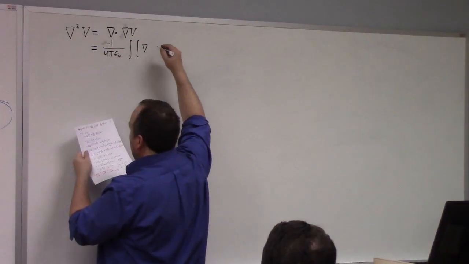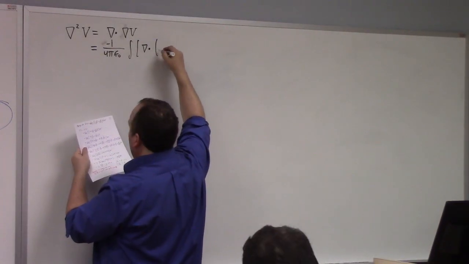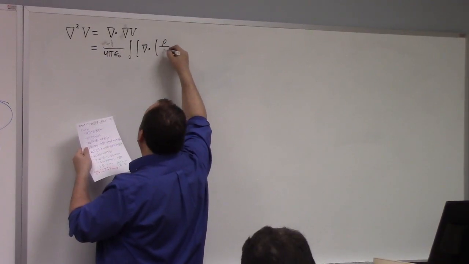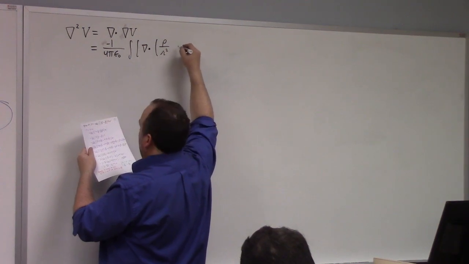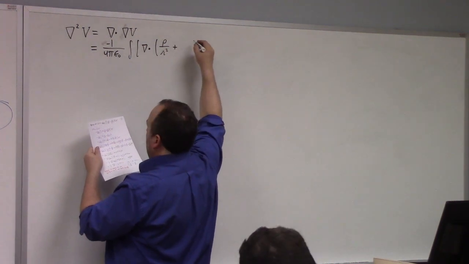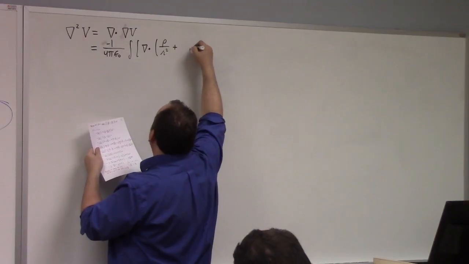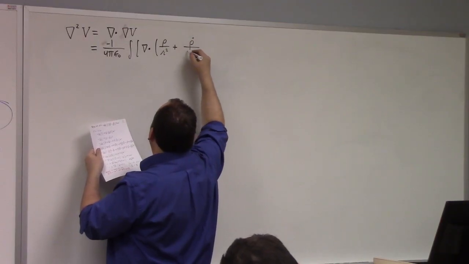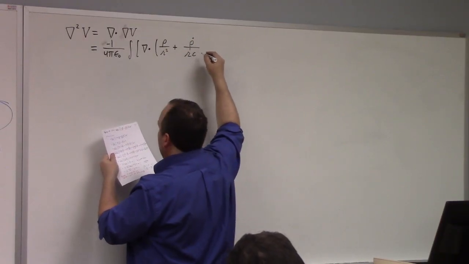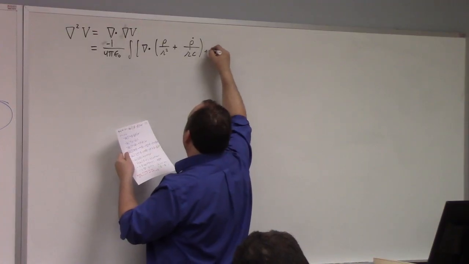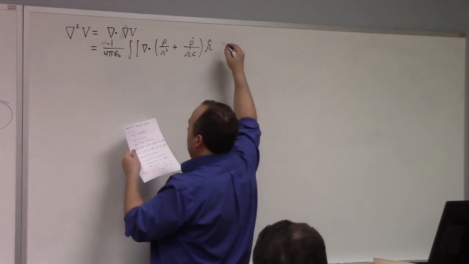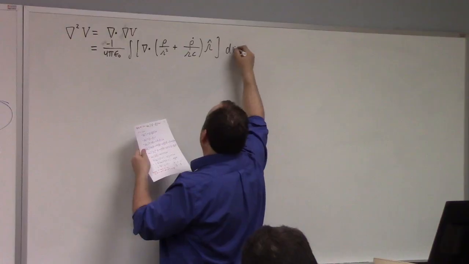So minus the divergence of rho over r squared plus rho dot over rc, and that's all in the r hat direction, d tau prime.